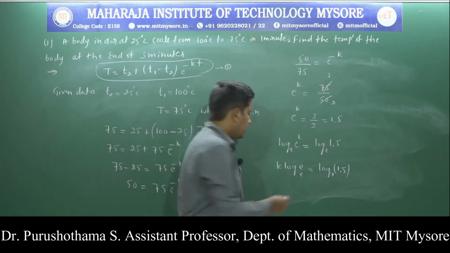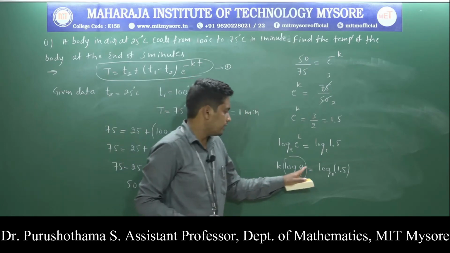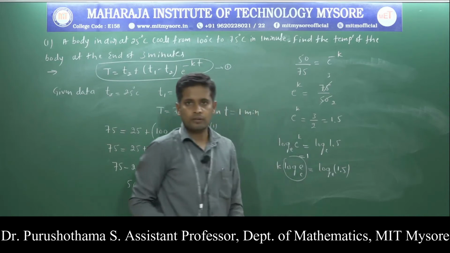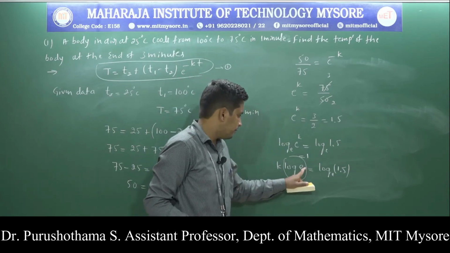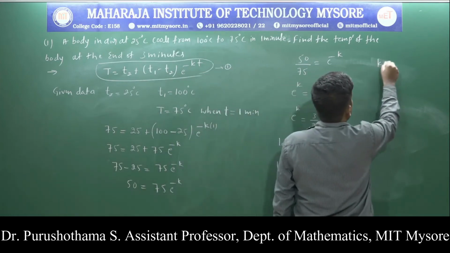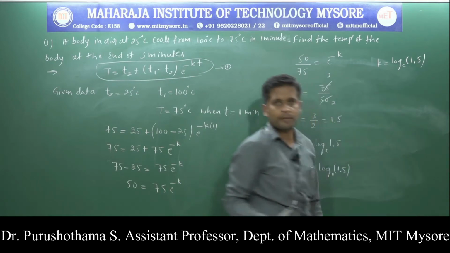But we know that log of e with base e is equal to 1. Therefore K equals log e of 1.5.